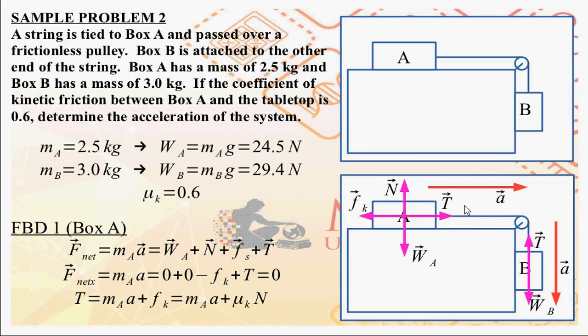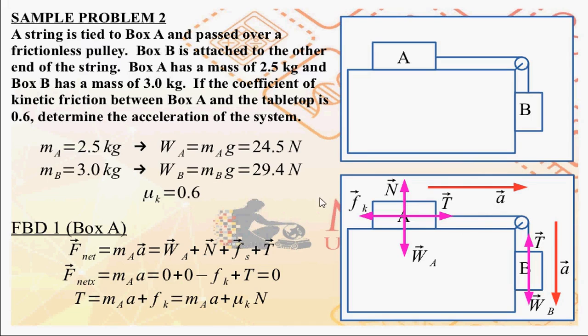For example, for box A, two possible motions are to the right and to the left. So acceleration might head to the right or might head to the left. If we assume the acceleration to be heading to the right, and that assumption turned out to be wrong, that means the acceleration was heading to the left.